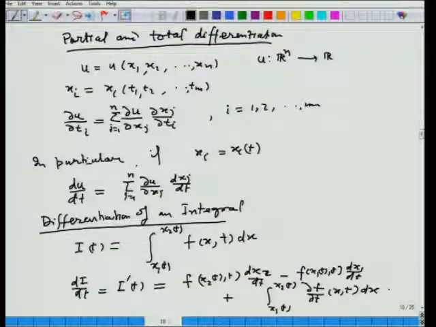This is what is called the Leibniz rule, which can be seen from first principles.